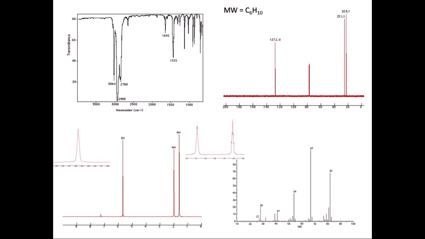Functional groups like alcohols and amines and carboxylic acids are going to be a little bit further over to the left, whereas your carbonyls are going to be over here around the 1,500 to 1,800 mark. So these represent carbon-hydrogen frequencies, not functional groups. This peak here at 1692 represents an alkene.